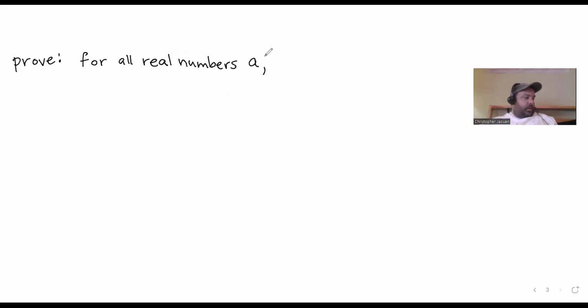The next thing I want to show is, let's do this first: for all real numbers, A times 0 is 0. Right, so when you multiply anything by 0, it gives you 0 back.